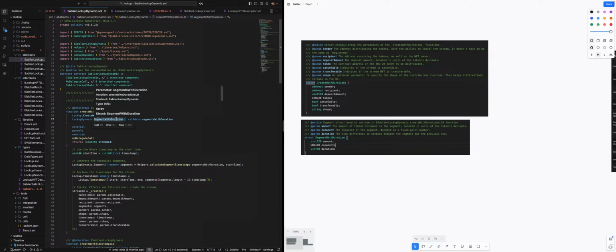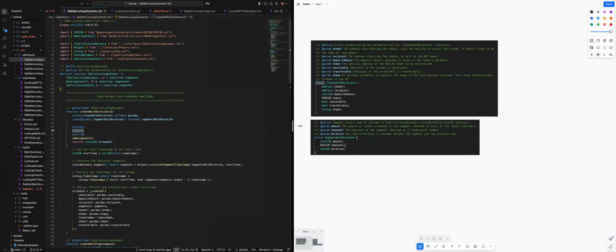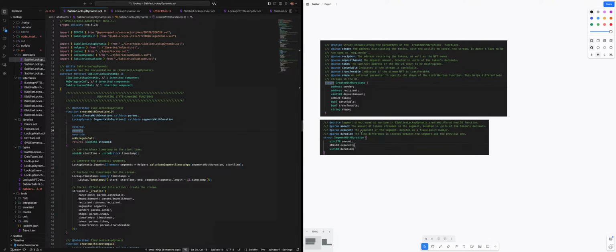So it takes segment with durations, and it takes an array: what is the amount, what is the duration, what is the exponent. I don't understand. I suck at math, right? So the amount of token stream in the segment. Okay, the exponent of the segment denoted as exponent number.